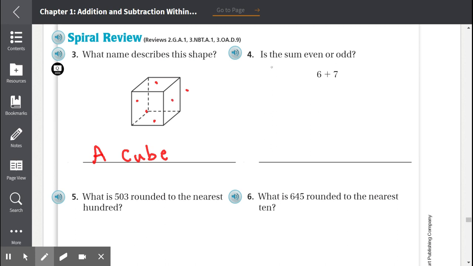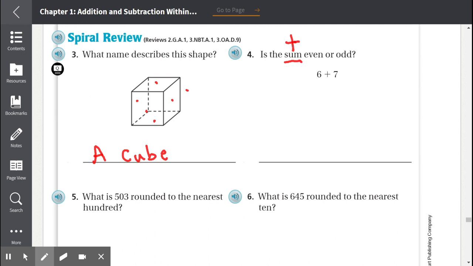Number 4, is the sum even or odd? We know that the word sum is the answer to an addition sentence, so I'm going to put a plus sign on top of it. And even and odd, we already know that even numbers end in 0, 2, 4, 6, or 8. And we know that odd numbers end in 1, 3, 5, 7, or 9.